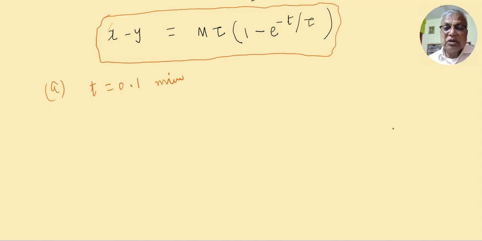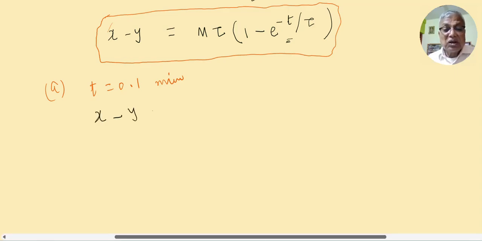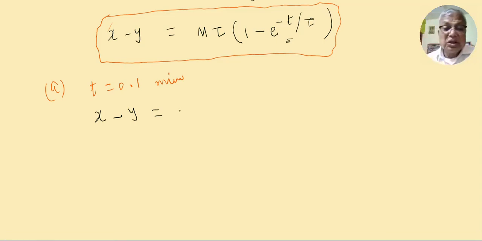Substitute in this equation for t equal to 0.1 minute, and the answer you will get is 0.0786 degree.